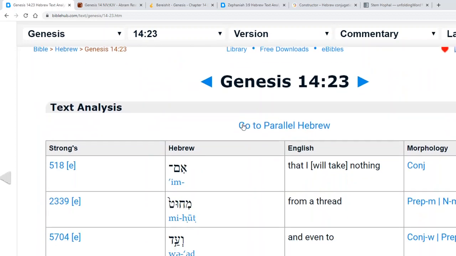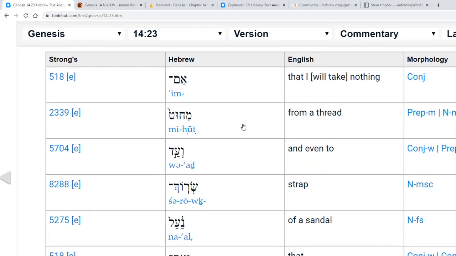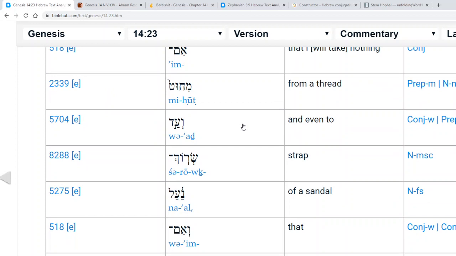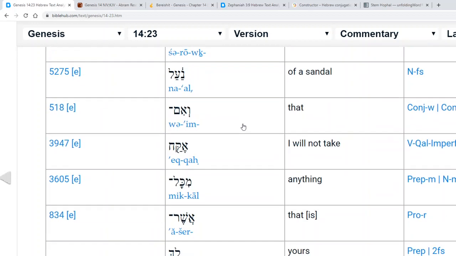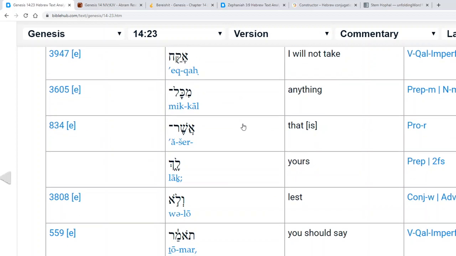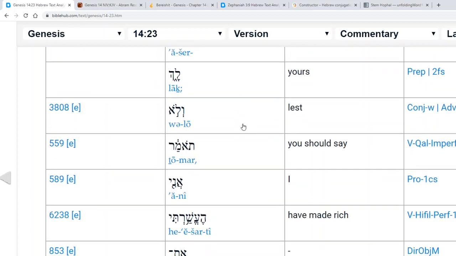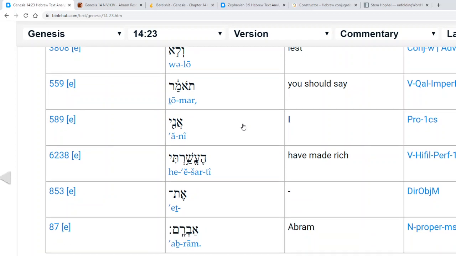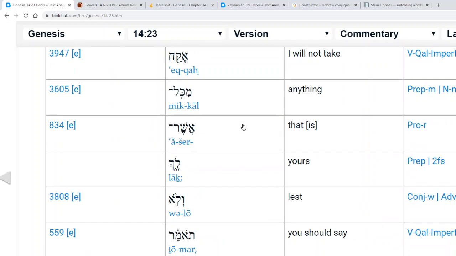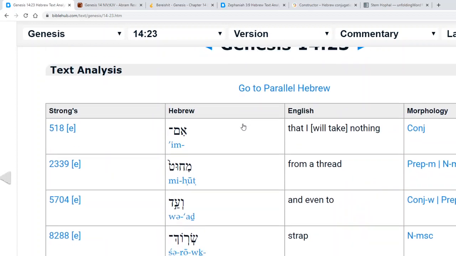let's see here. Im michut va'ad sroch na'al ve'im ekach mikol asher lach ve'lo tomar ani hesharti et Avram. Okay, interesting.